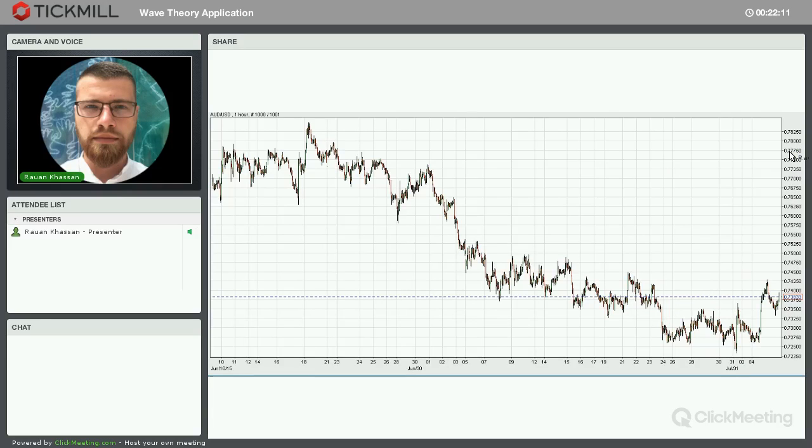So if everything works, you should be able to see a live chart of Australian dollar to United States dollar on an hourly time frame. Please confirm to me in chat if you can see it. So I will continue with the explanation.